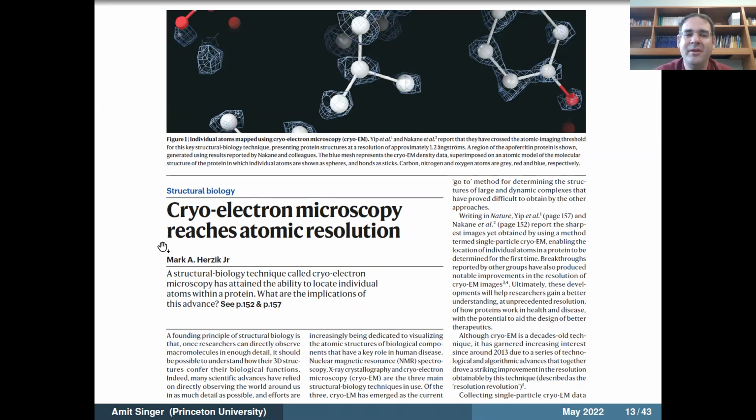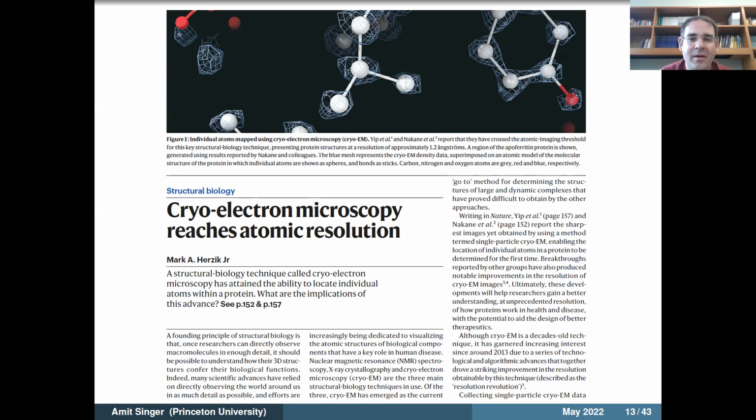So not just near atomic scale resolution, as I mentioned before, like 2.2 angstrom, but here you see a 1.2 angstrom reconstruction of a certain molecule. And there are 2 papers in Nature that year that actually broke that barrier.